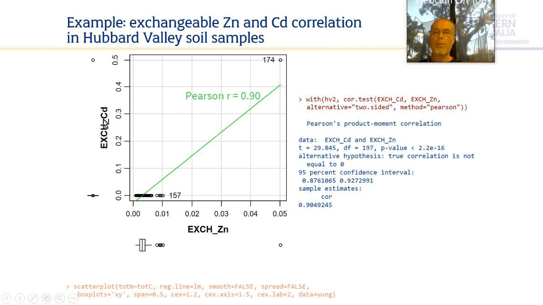Okay, so exchangeable cadmium and exchangeable zinc are obviously highly positively skewed variables, and when we calculate the correlation between them, we get Pearson's R as 0.9. That's a very strong correlation, but it's obviously highly influenced by one or two points. In particular, this point at row 174 up here, which is pulling the correlation and allowing the R value to be 0.9.